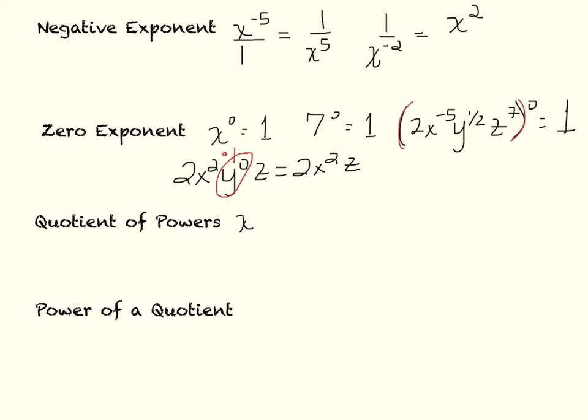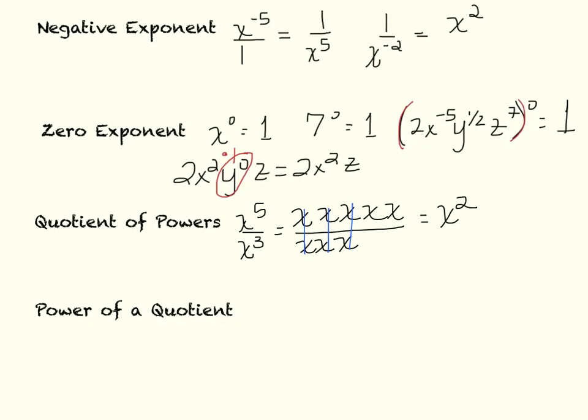Quotient of powers. If I have x to the fifth over x cubed, that means I have x times x times x times x times x in the numerator, and x times x times x in the denominator. Those would cancel, leaving me x squared. You can see that this would be x to the 5, bottom minus top, equals x squared.